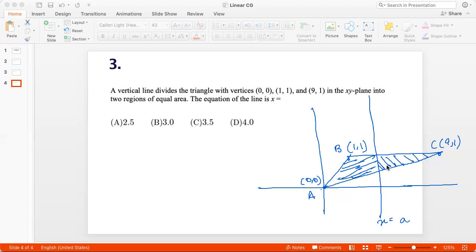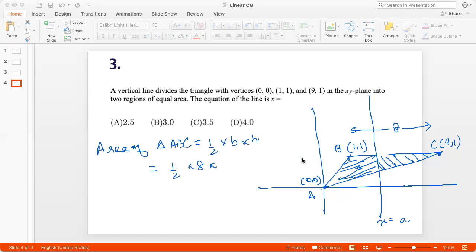One thing we can do is find the area of triangle ABC. Area of triangle ABC is half base into height. The base is this distance, which is 8, so half into 8, and the height is this distance, which is 1. So that's 4. The area of the big triangle ABC is 4.